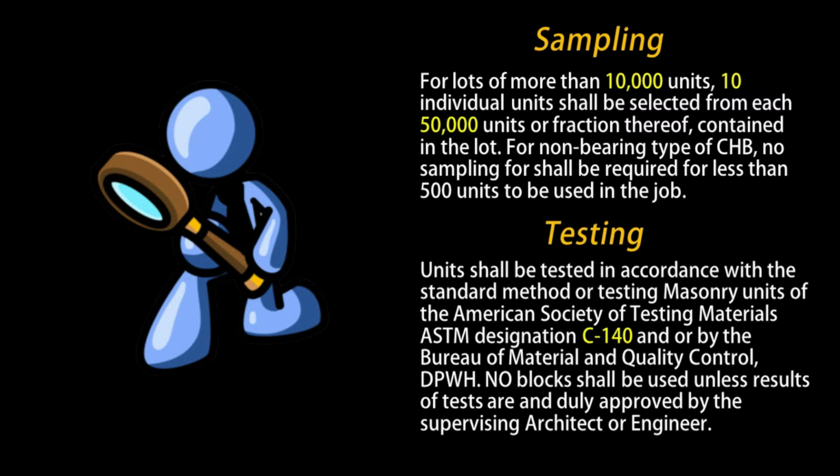For non-bearing type of CHB, no sampling for test shall be required for less than 500 units to be used in the job. Testing. Units shall be tested in accordance with the standard method of testing masonry units of ASTM designation C140 and/or by the Bureau of Materials and Quality Control, DPWH. No blocks shall be used unless results of tests are known and duly approved by the supervising architect or engineer.